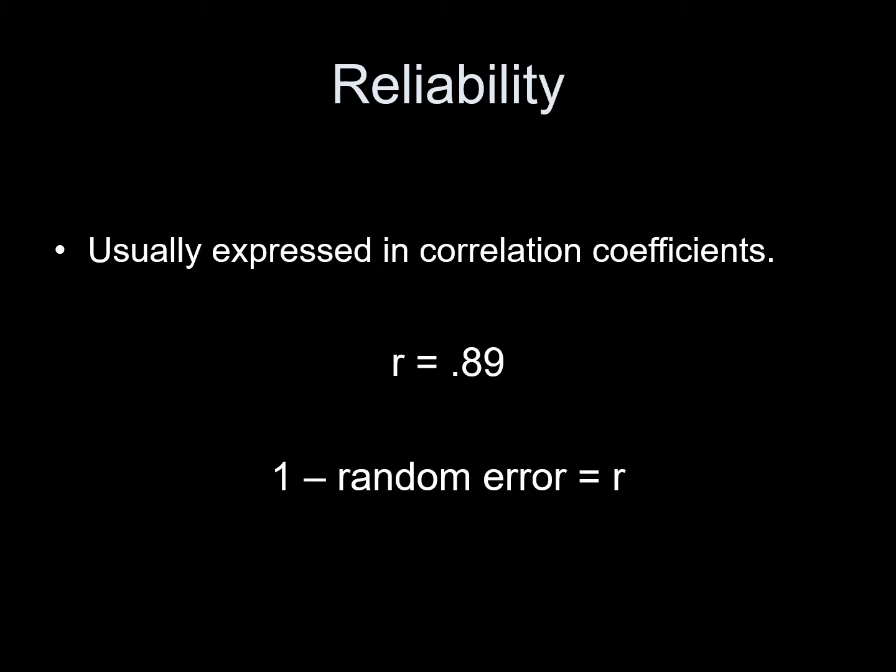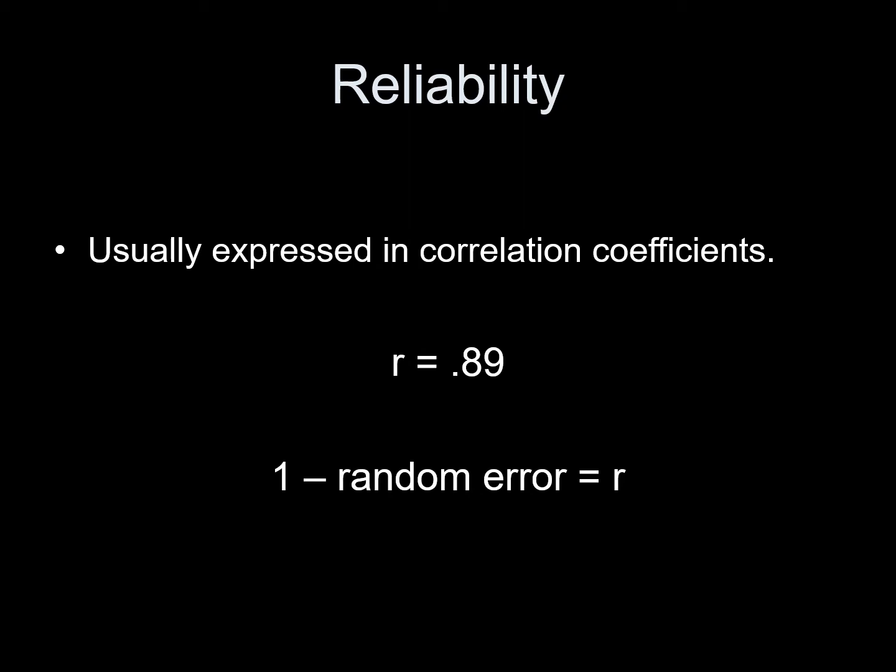Because what it does is it usually takes the first time that the experiment was done and correlates it with the results of the second time, the third time, the fourth time that it was done. So this is why reliability is usually expressed in correlation coefficients.